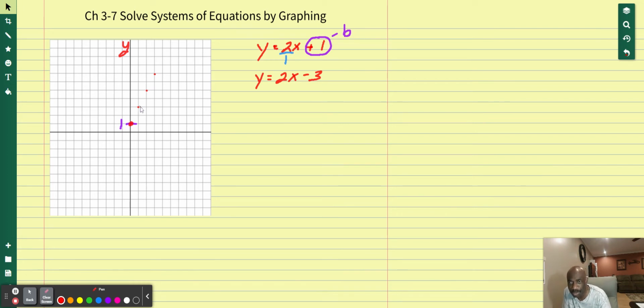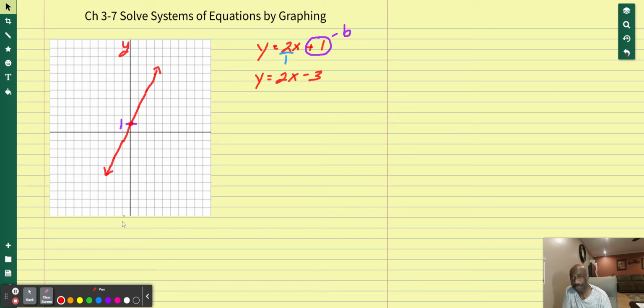So instead of going up 2 over 1, I'm going to go down 2, back 1, down 2, back 1, down 2, back 1. So let's go ahead and connect these dots for our line. All right, that's our line for the first equation. I'm crossing at 1 on the y-axis, and I am following the slope of 2 over 1.